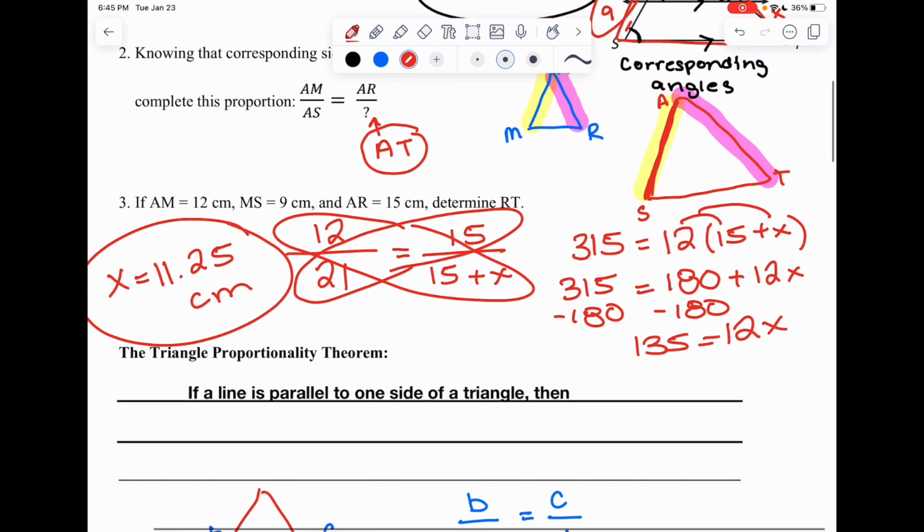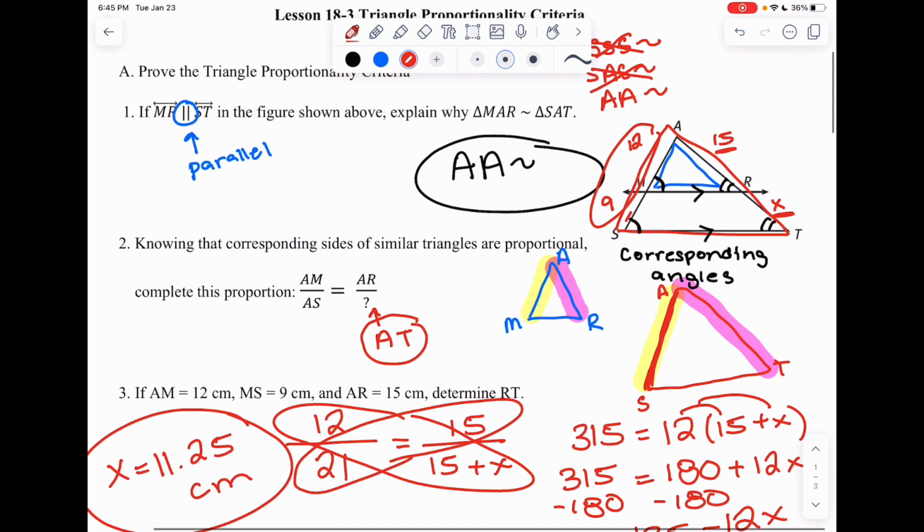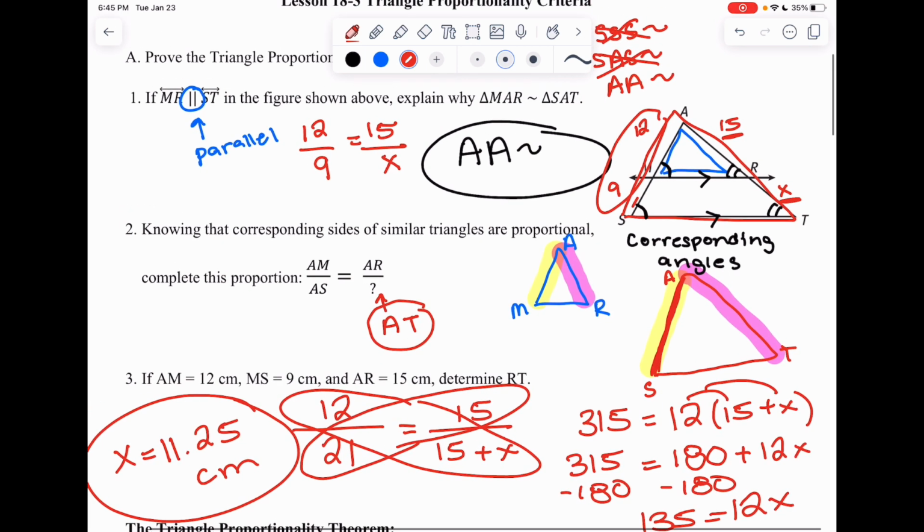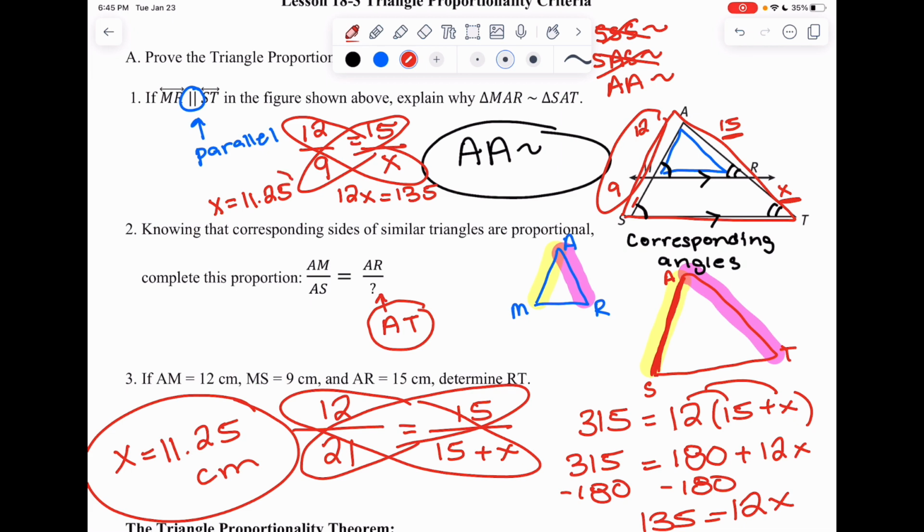In our example up here, that means I could have done 12 over 9 equals 15 over x, instead of having to add 12 and 9 and 15 and x like we did before. If I were to cross multiply now, I would get 12x equals 135, and x is still 11.25.